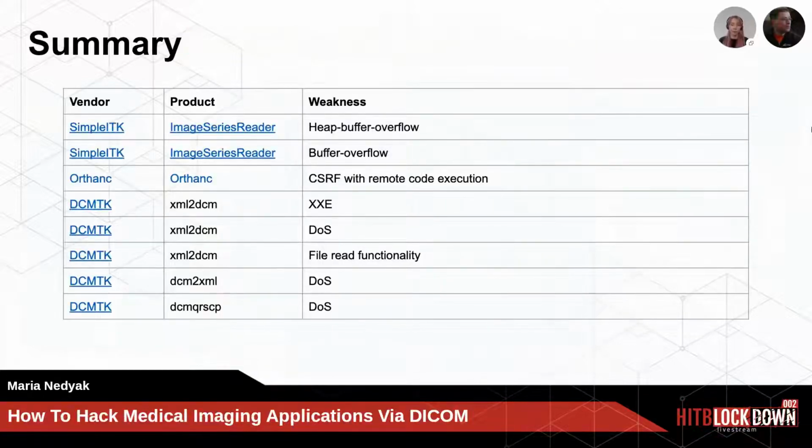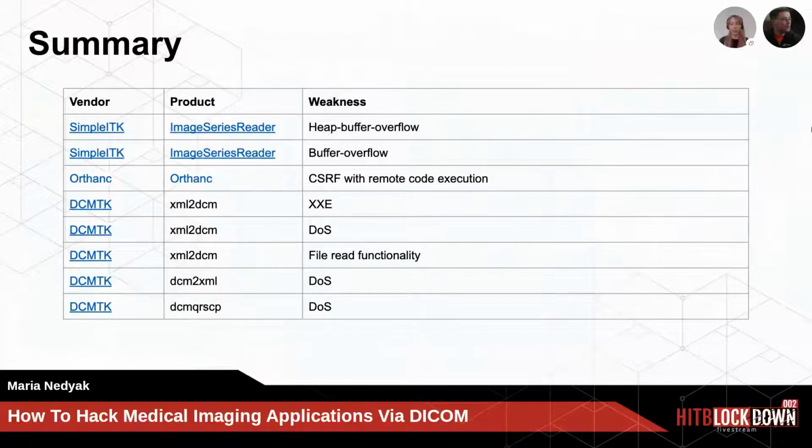Okay, now I want to summarize my talk. I will state several points. DICOM operates on sensitive data, such as personal info and medical service, and default configurations allow anyone to retrieve this data.